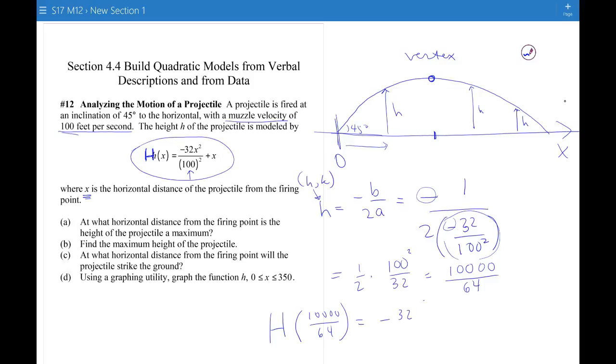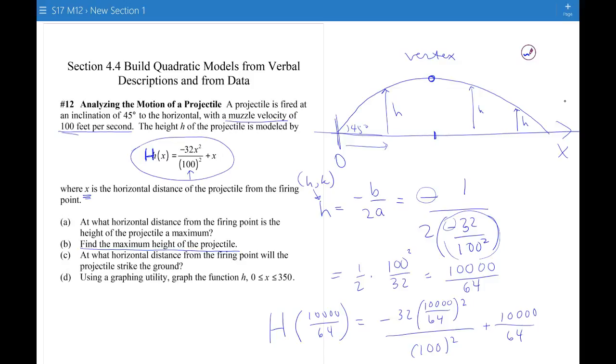Well, that looks awful, but we can do it. We have calculators. So we plug in 10,000 over 64 for x in the first term, and plug in 10,000 over 64 for x in the second term, and do the computation, and that will give us the maximum height of the projectile.